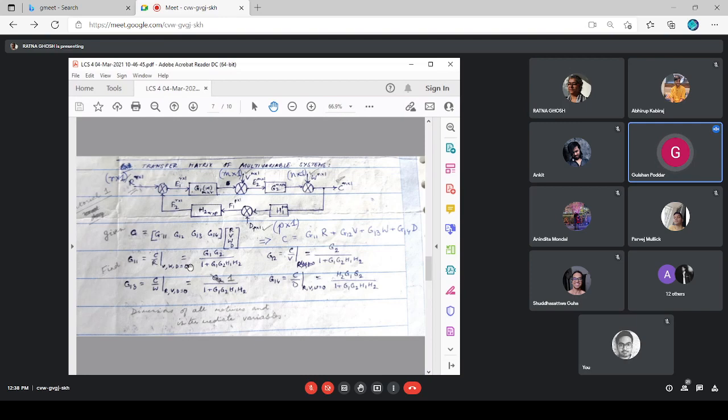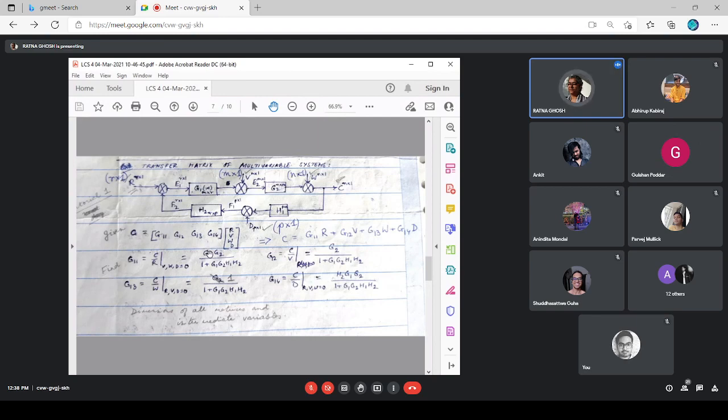Ma'am, that part is okay. What I'm saying is, now look at this. What is G11? G11 is essentially G1 G2 by 1 plus G1 G2 H1 H2. This much is okay. Yes, ma'am. Now what is the dimension of G11 then? Dimension of G11 will be dimension of G1 into dimension of G2, M cross R into G2 into G1.